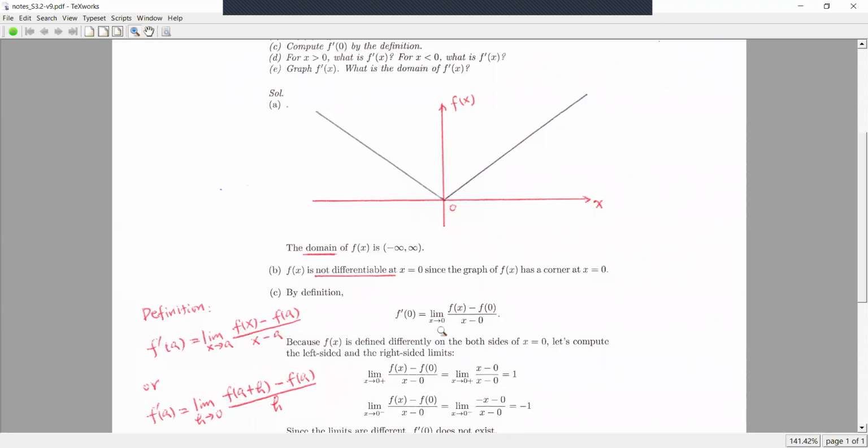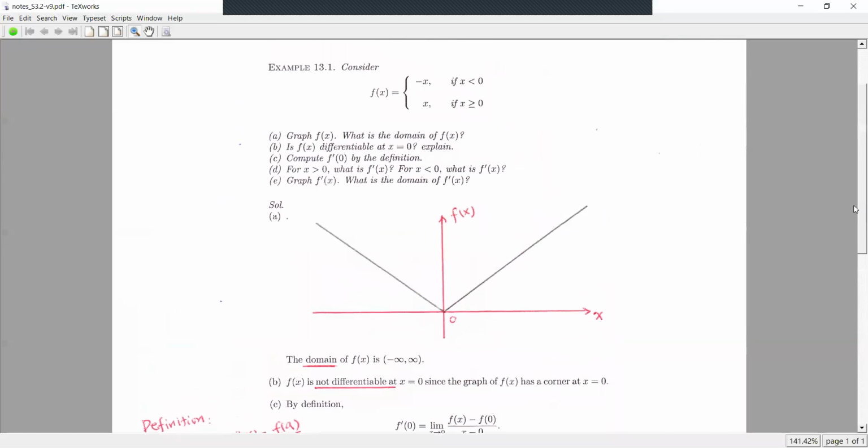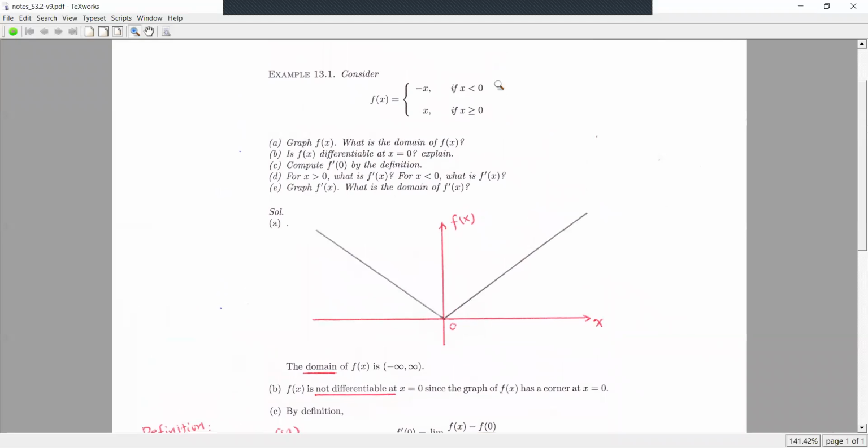This limit is a both-sided limit. x can approach 0 from the left, or approach 0 from the right, because the function f is defined differently on the two sides of 0. Go back to the definition of the function. On the left side of 0, the function is negative x. On the right side of 0, the function is x. They are different.